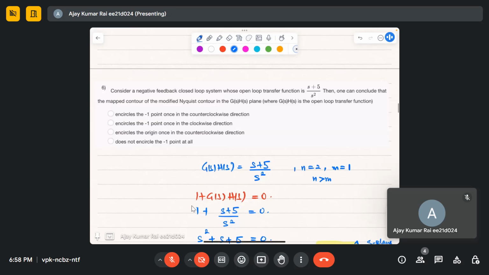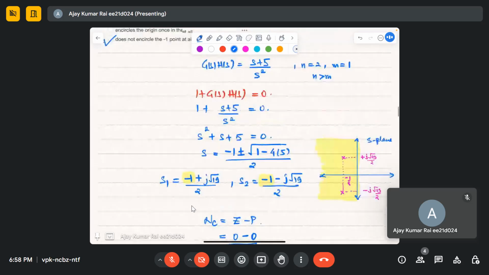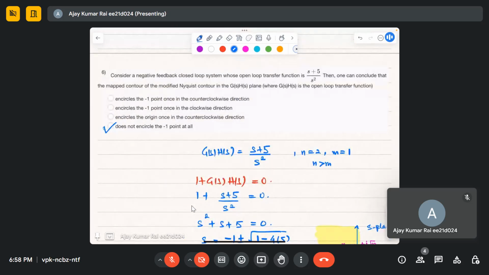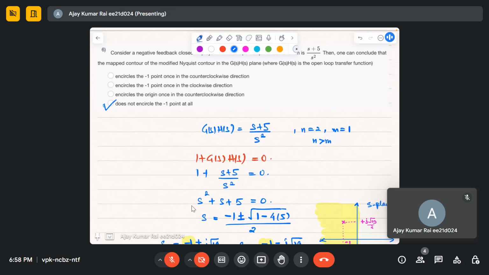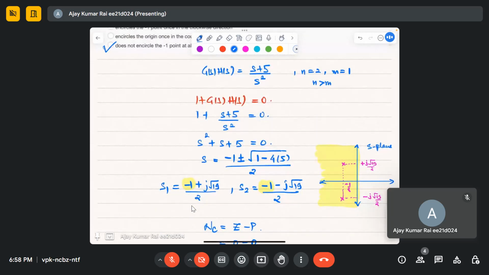If you see this, it does not encircle the -1 point at all. This is straightforward, in the sense that the open loop transfer function is known to us, and we know the value of P by looking at it. And you can find the closed loop poles by 1 plus G(s)H(s) equal to 0.